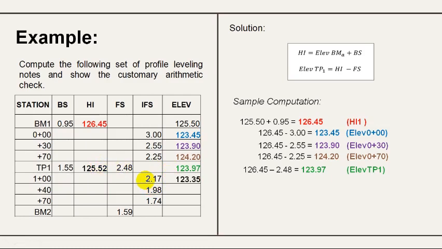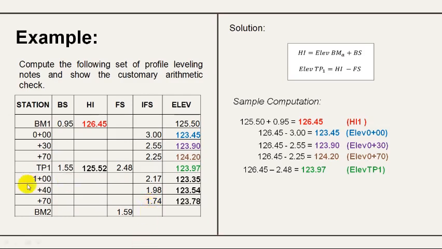That is 123.35. Then, elevation of 1 plus 40: 125.52 minus 1.98. That is 123.54. And for station 1 plus 70, the height of instrument 125.52 minus the intermediate foresight reading, that is 123.78.